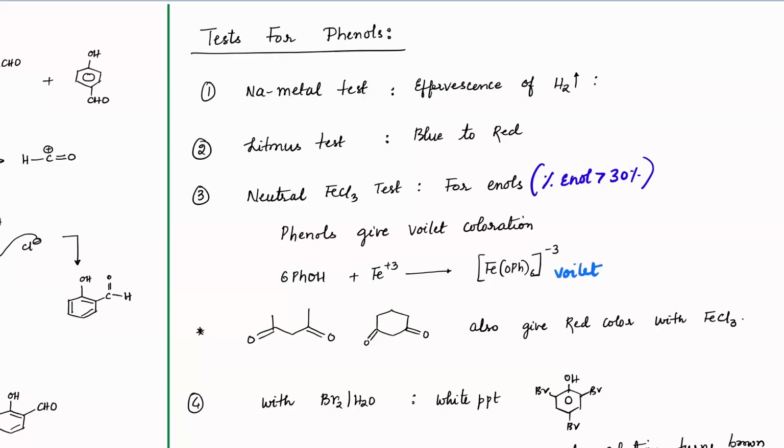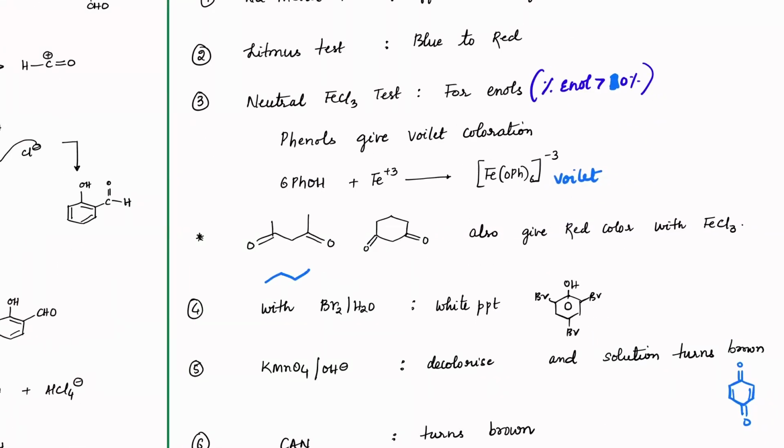But the idea is we need to have enols. So if the enol content is greater than 10%, even if you have greater than 10%, you will start getting this as a product. So even a beta keto ester, for example, with double bond O here and double bond O and OEt, will also give a positive test, because all of these have sufficiently high enol content.